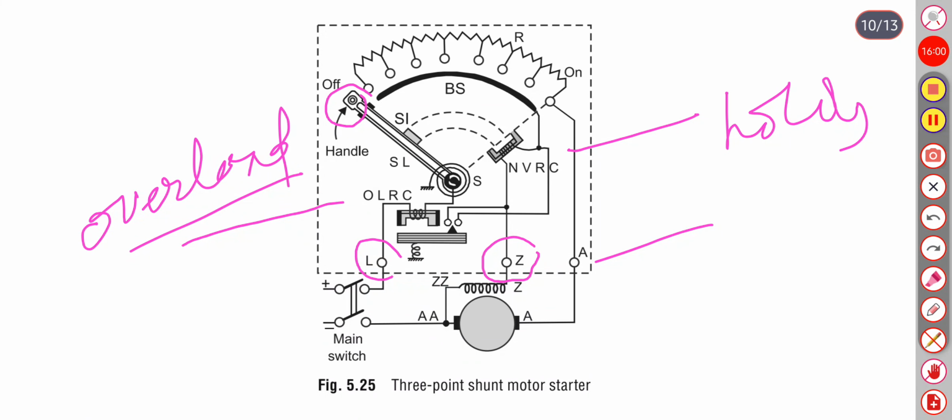This is the spring. If the motor is switched off, this no volt relay coil will de-energize and this small piece of iron will disengage, and due to this spring, the handle will come to the off position.